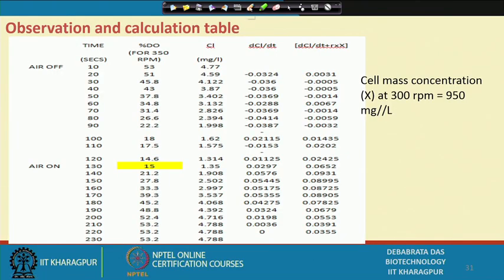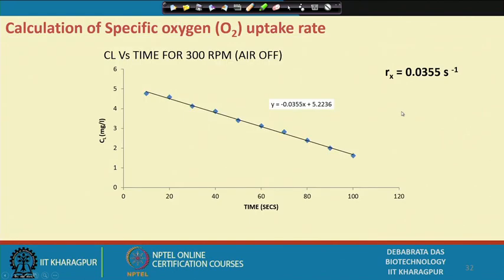This is our experimental result in our lab that we carried out. We got these results, the cell mass concentration at 300 rpm. Then we find out how the concentration of Cl decreases with respect to time.